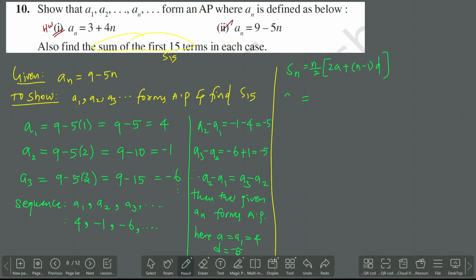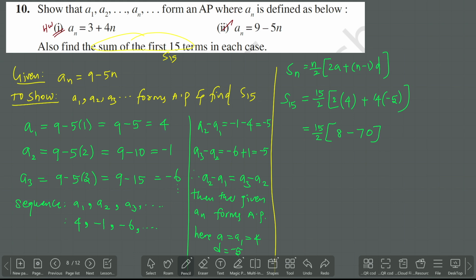They said the 15th term, so n is 15. Then 15 divided by 2, 2 times the A value 4, plus 15 minus 1, which is 14, multiplied by the d value minus 5. Simplify this. Then what am I getting? 15 divided by 2, 4 twos are 8, plus into minus is minus, 14 fives are 70.